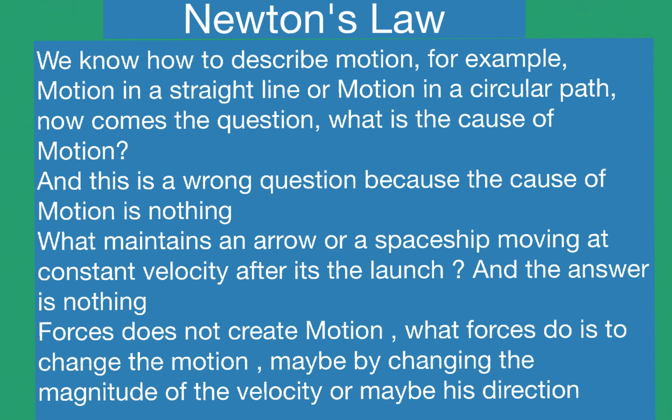Now comes a different subject, and the subject is not how to describe motion. The subject is what makes the motion change. If you have an object that is moving with a certain magnitude of velocity in a certain direction, what will make the object change either its direction or its magnitude?